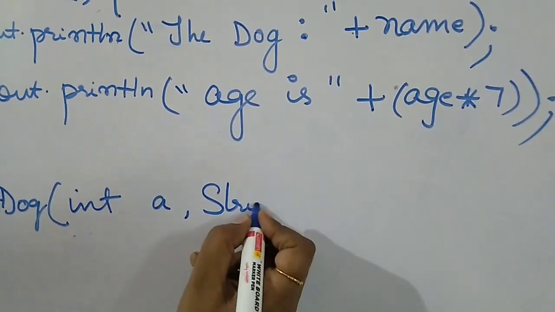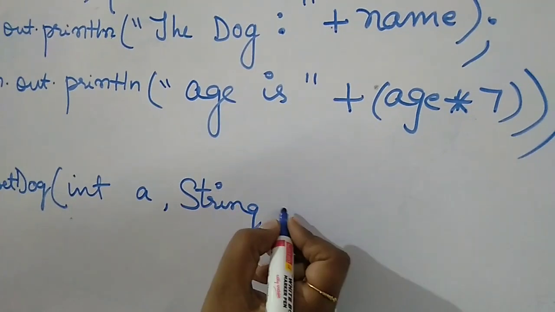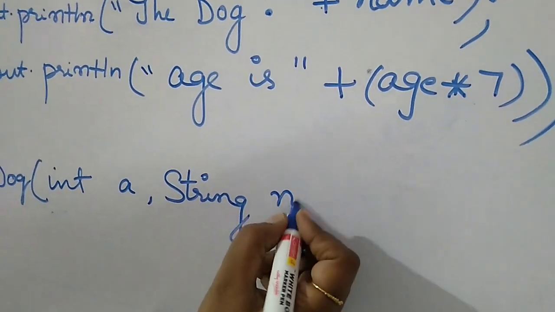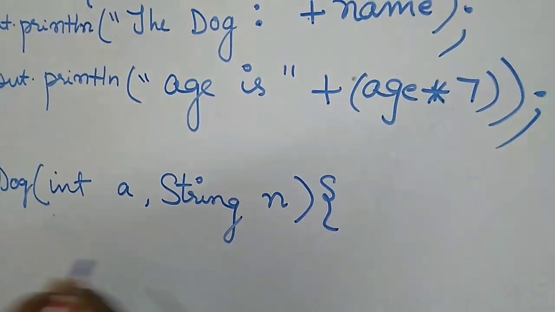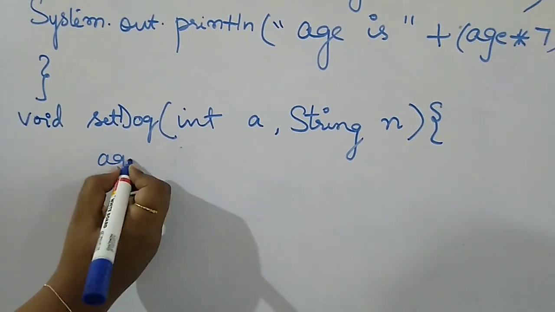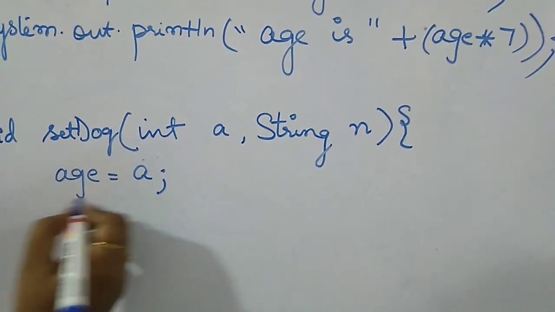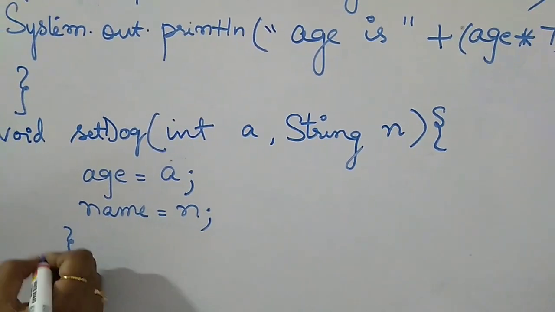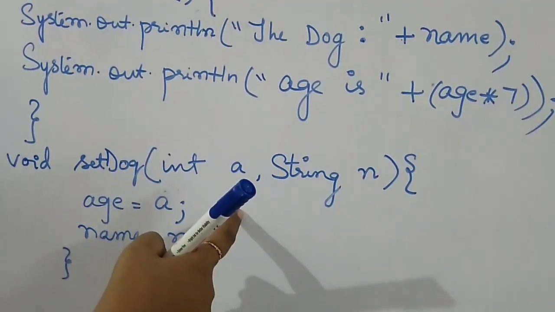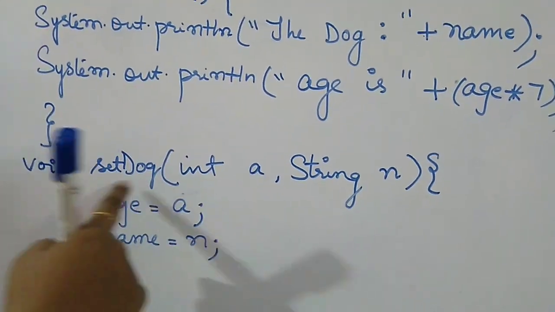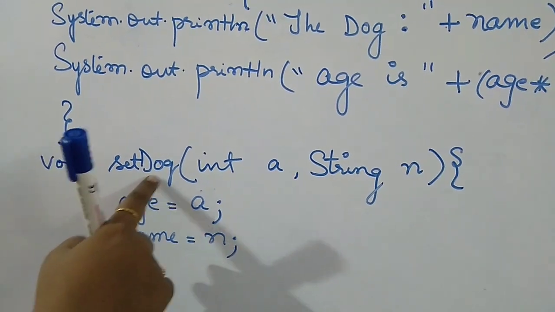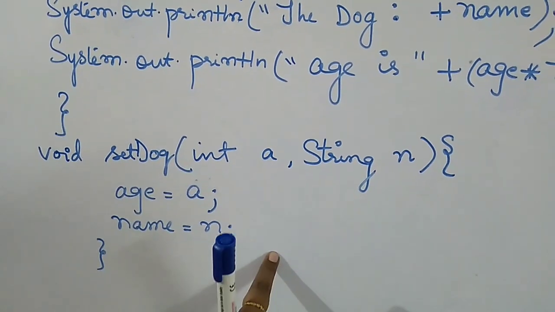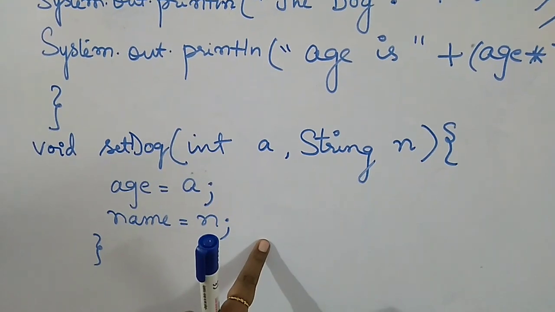Next I have another argument which will receive the dog's name, which is n. Inside this I say age is equal to a and name is equal to n. What will happen is, when this method is called upon an object, the object will use this setDog method to actually set the values of the instance variables.